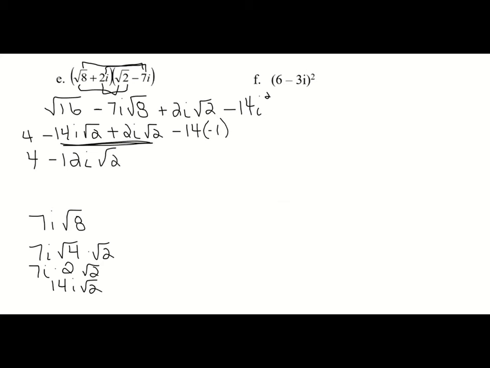And then negative 14 times negative 1 will give me a positive 14. So now let's finish it by combining our like terms here. And when I do that, we will have 4 plus 14, so that will give me 18 minus 12i square root 2, and that'll be our final answer.